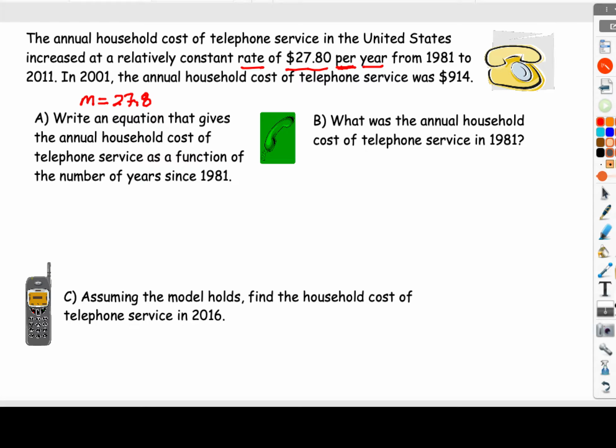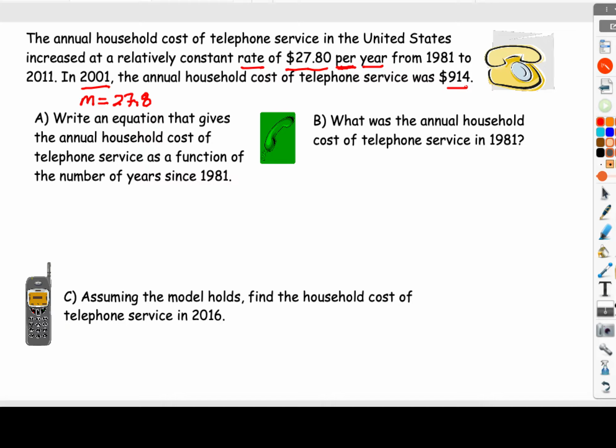In 2001, the annual household cost of telephone service was $914. Now that might just sound like random information, but remember, in order to find the equation of a line, we need the slope and we need the y-intercept. So if, let's say, our experiment started in 2001, if that was t equals 0, the beginning, then 914 would be my y-intercept. However, let's read part A here.